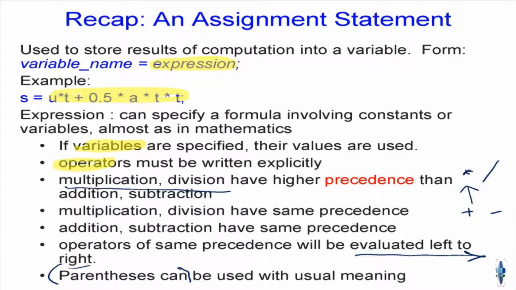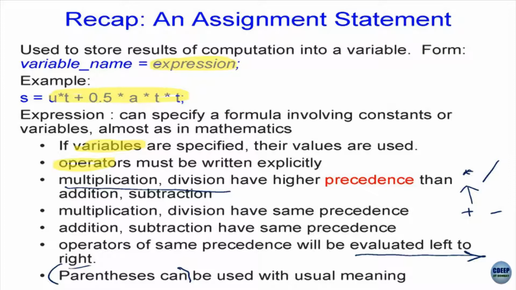So summarily we are saying that multiplication and division take precedence over addition and subtraction, and if you have multiple operators of the same precedence, they will be evaluated left to right.